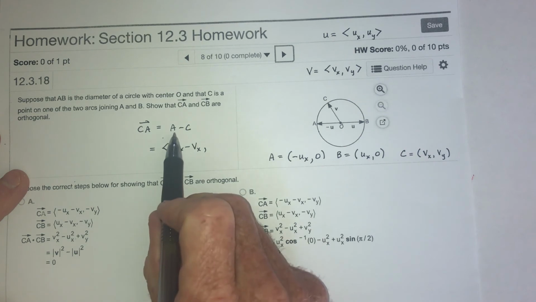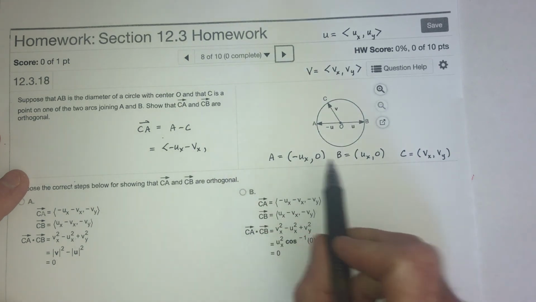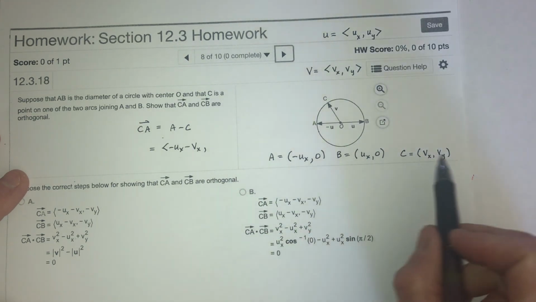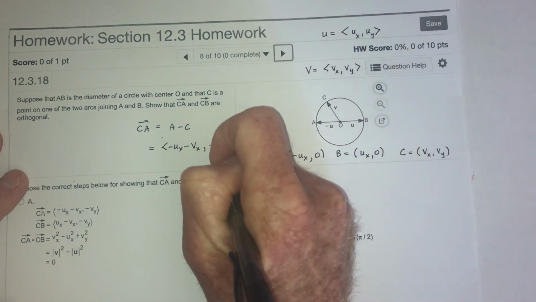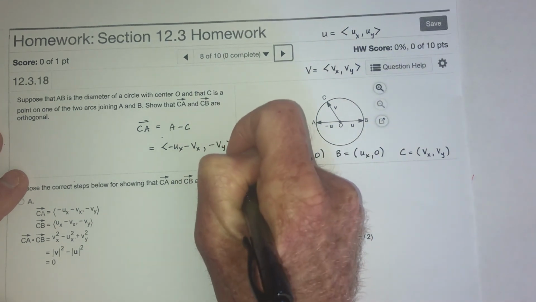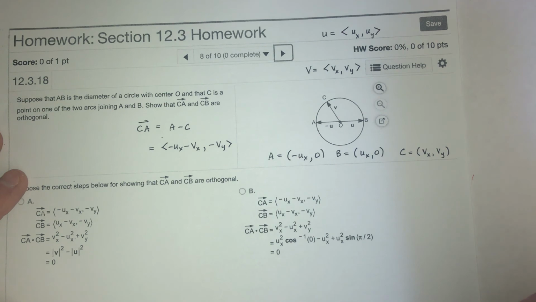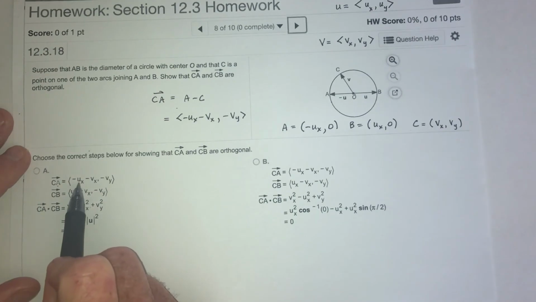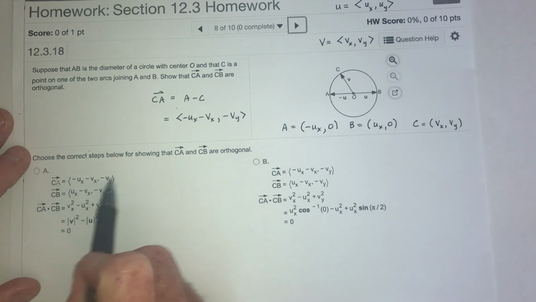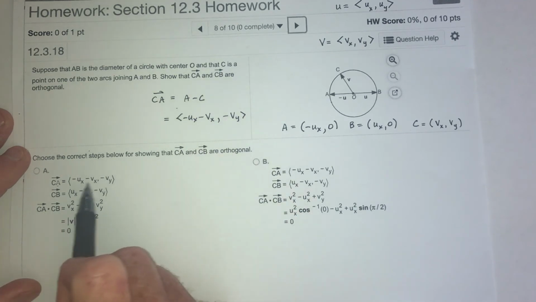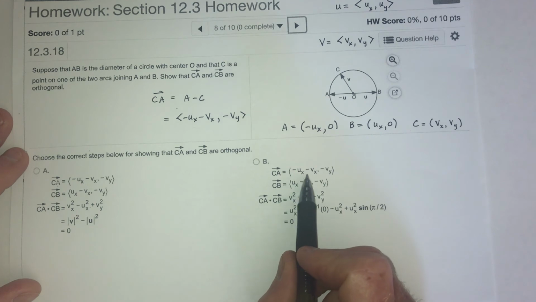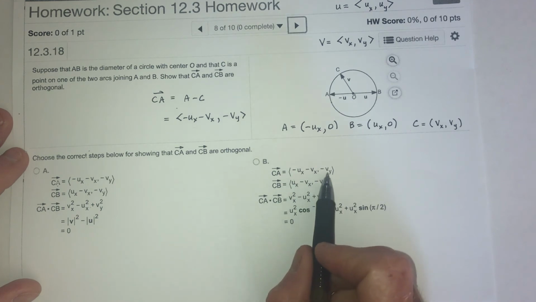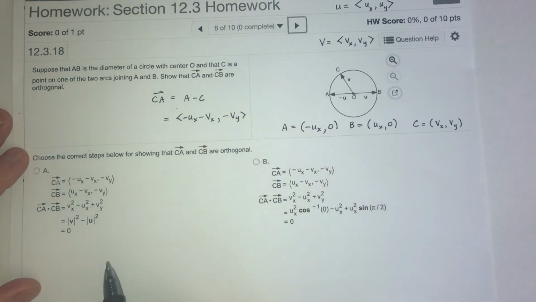We're still doing A minus C, so this minus this would be 0 minus vy, so that's negative vy. All right, so CA is this minus this. Okay, so I got this part. Now on their choices, they actually have the same thing over here. So that's good. That means I got that part right.